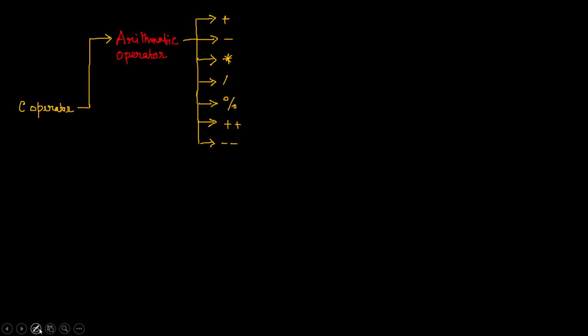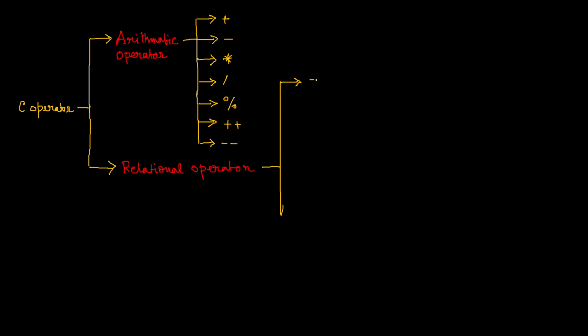Now if we go to the next operator, that will be the relational operator. What relational operators exist in the C language? If we categorize them, it will start from equal.